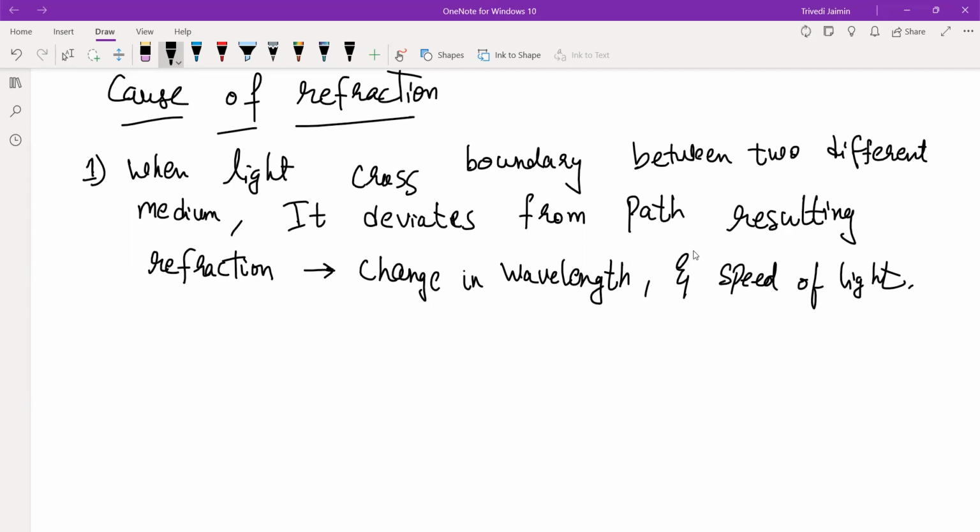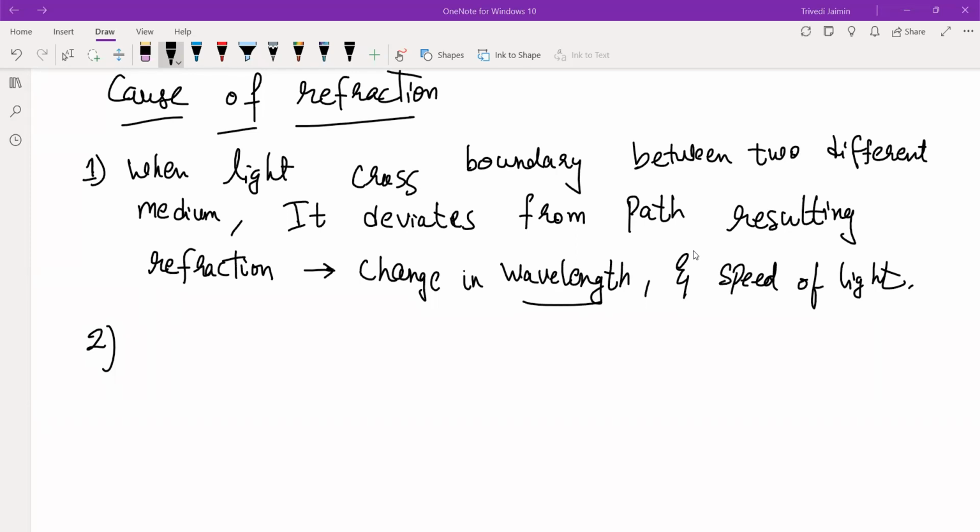Okay. By the way, what is wavelength? What do you mean by wavelength? The speed in which the light or sound will travel. Sir, can you repeat? I'm asking, what is wavelength? I said here, change in wavelength. Okay, then what is a wavelength?